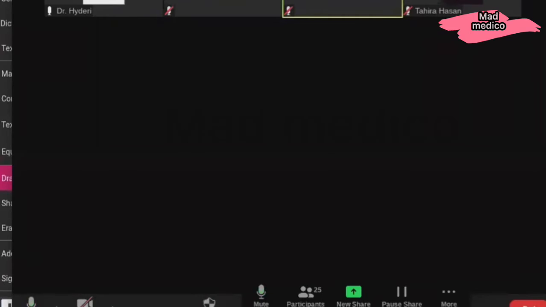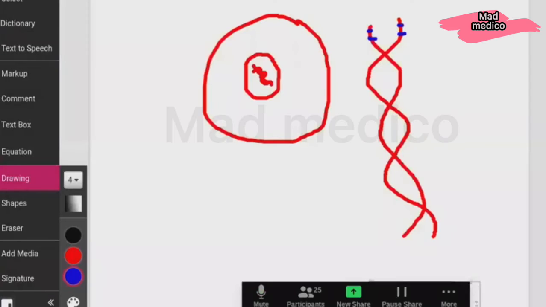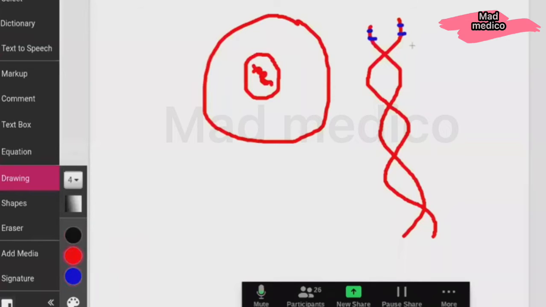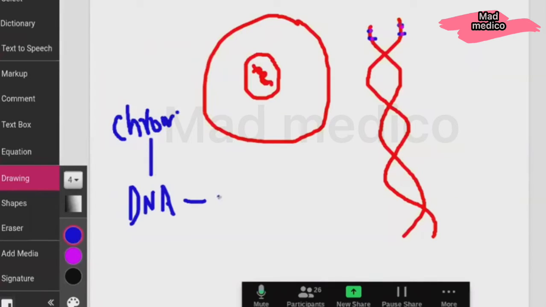Those chromosomes are filled with even more minor information that are known as genes. In those genes, you have each and every piece of information at each and every position. So first of all, you have the DNA, and you have the chromosomes. Chromosomes have DNA, and in those DNAs, you have genes.